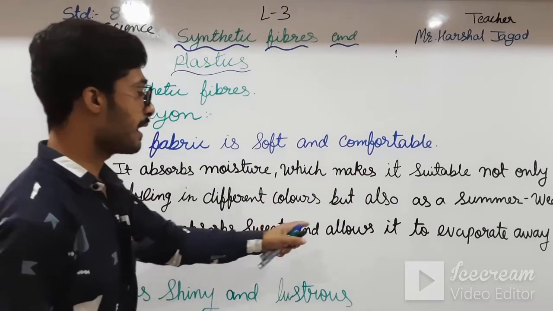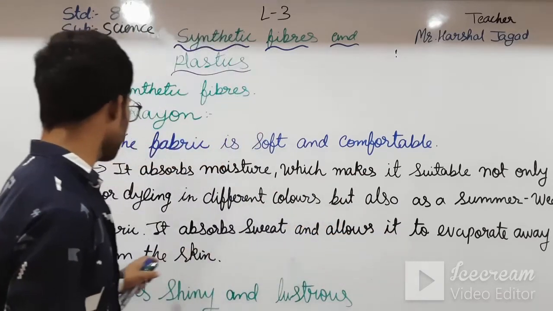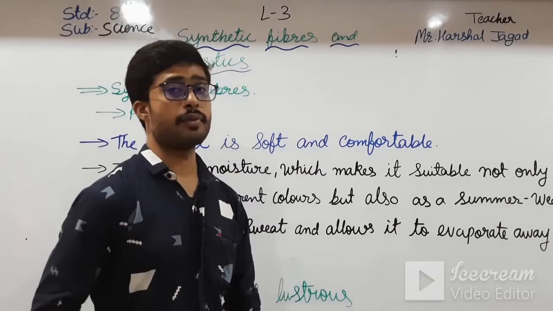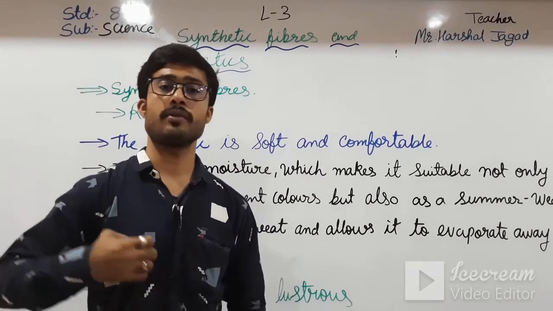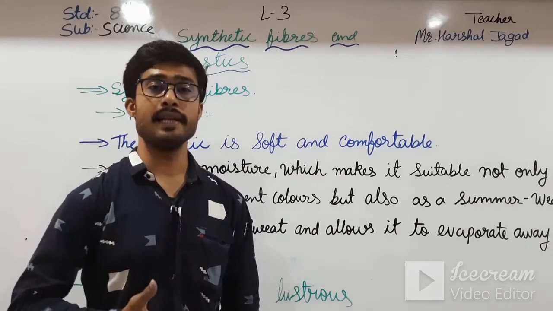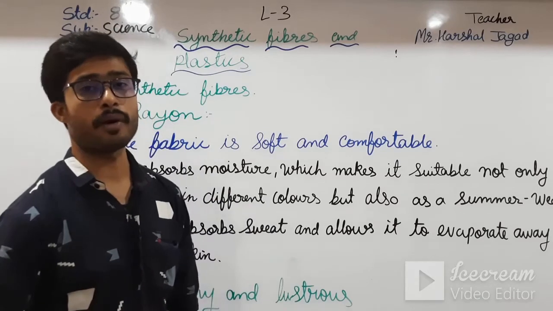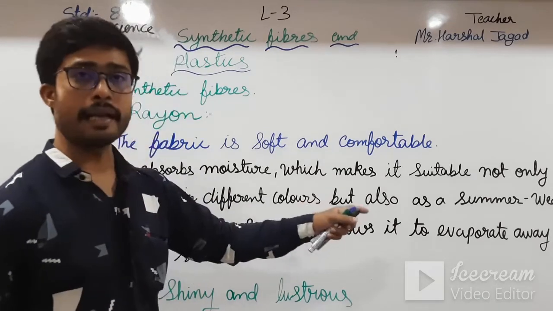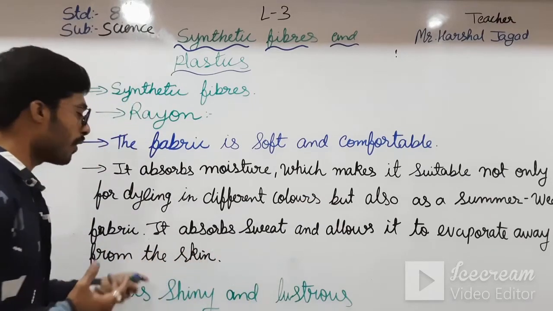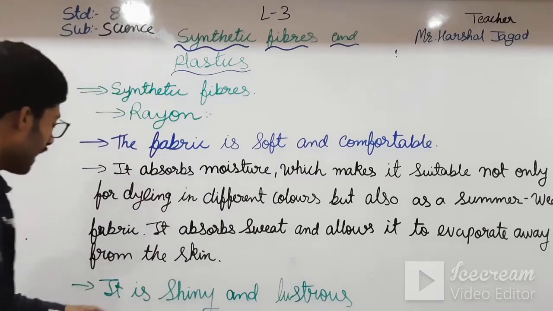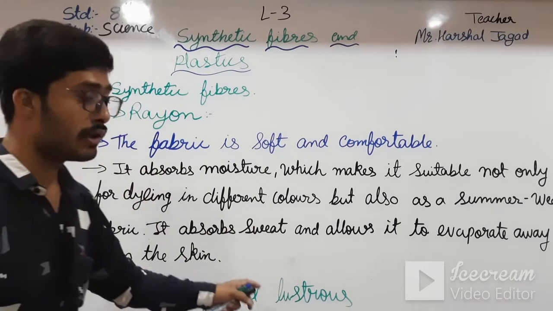It absorbs sweat and allows it to evaporate away from the skin, means if we wear this fabric in the summer, it absorbs our sweat. Due to the summer heat we release sweat from our body, so this sweat is absorbed by it and it directly evaporates from our skin. Okay students, this is rayon and it is shiny and lustrous.